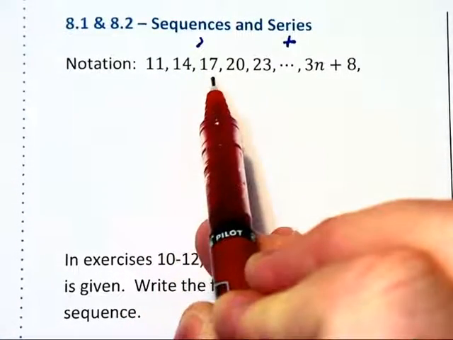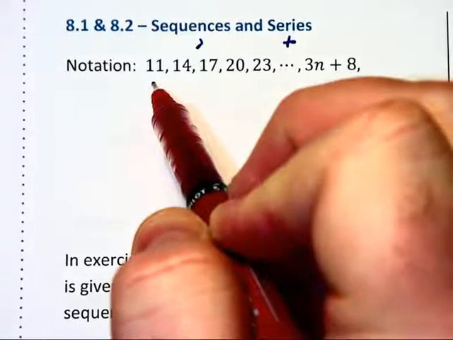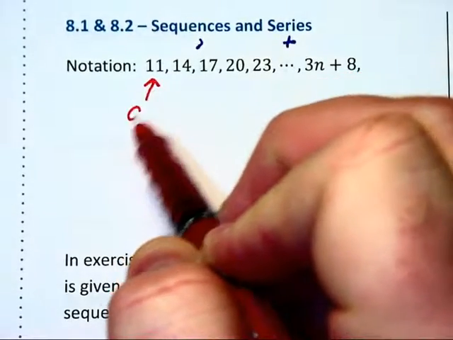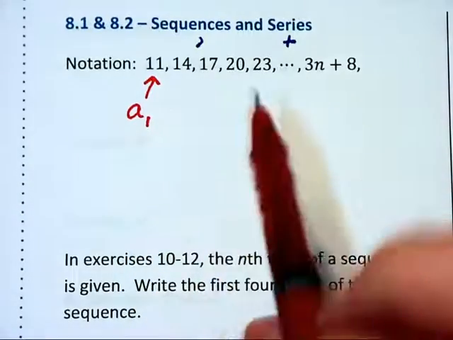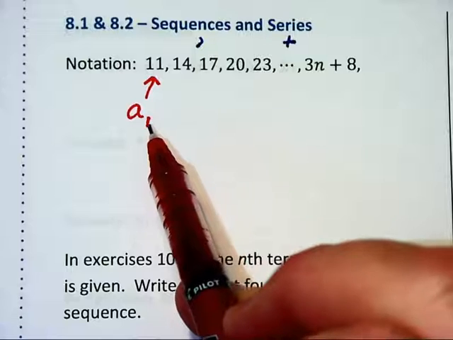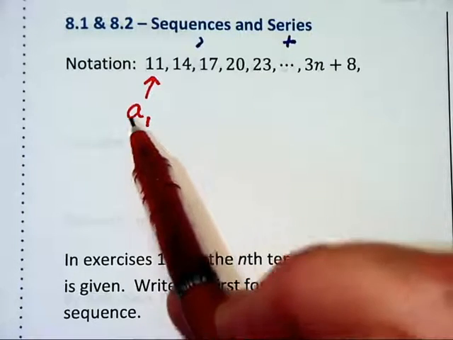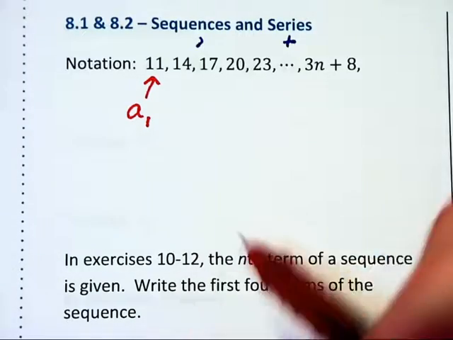Each element within a sequence is going to be designated with the variable a, but the subscript, in this case a sub 1, will represent that this is the first term. Now when I say sub 1, I'm really referring to a subscript 1, but it's much easier to say a sub 1.